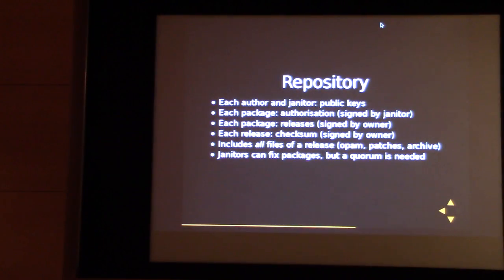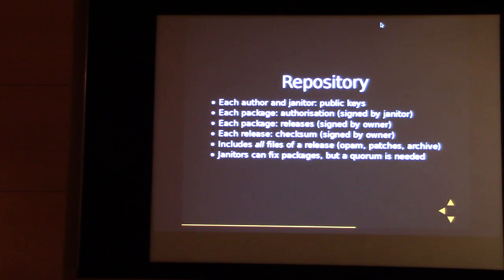The repository itself: we will add files, so each author and each janitor has public keys. Each package will contain an authorization file, which is signed by the janitors, and contains the set of authors who are authorized for that package. Each package will also contain a set of releases, which is signed by the owner themselves.